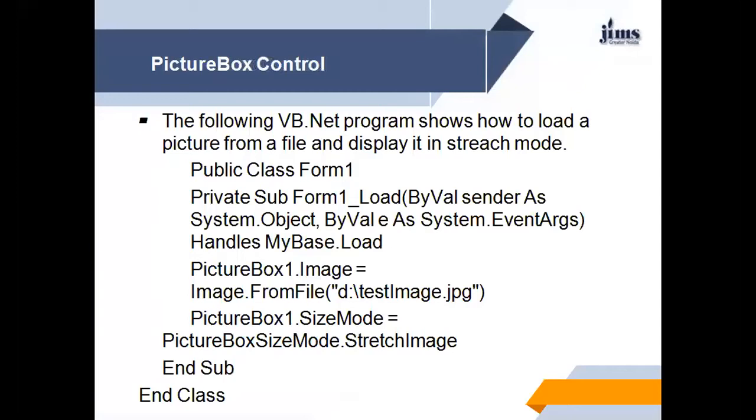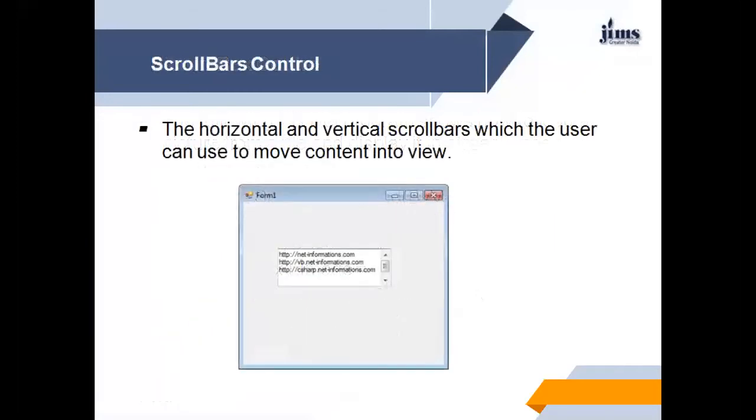And here you started with Private Sub, so it will be End Sub. Here you started Public Class, so here it will be End Class. Okay, so this is the picture box control.